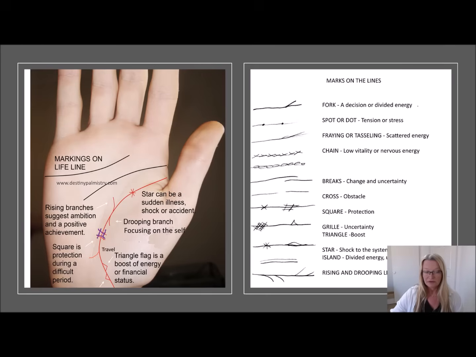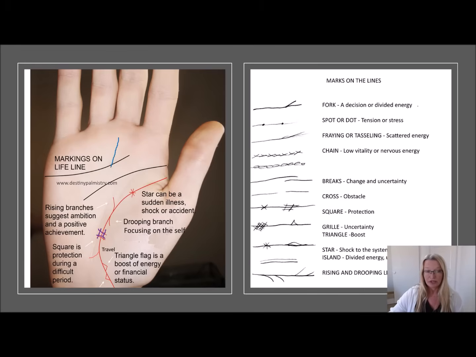So if the triangle is on its own, not made up by other lines, like a flag, literally a tag made by little lines on the lifeline, it's a boost in energy, usually to do with financial status. So check the fate line.